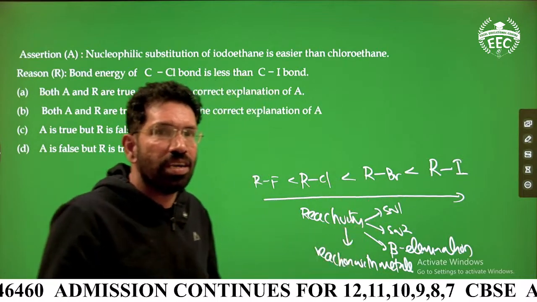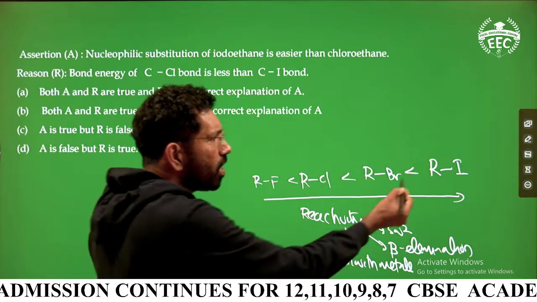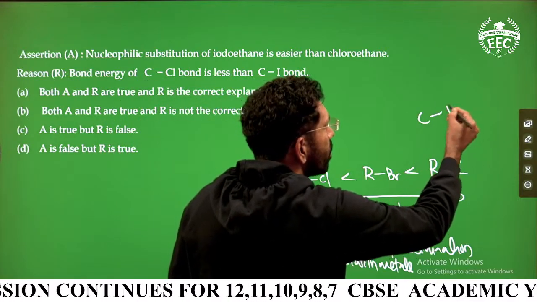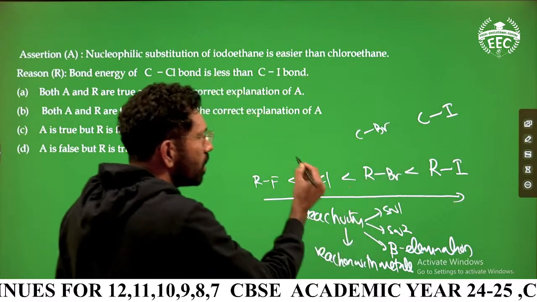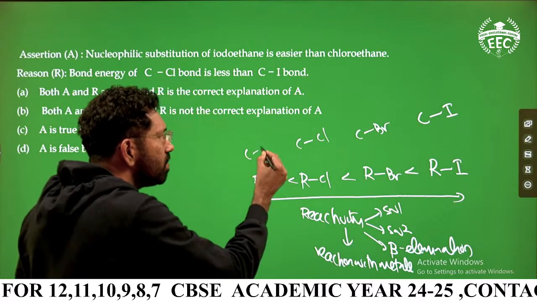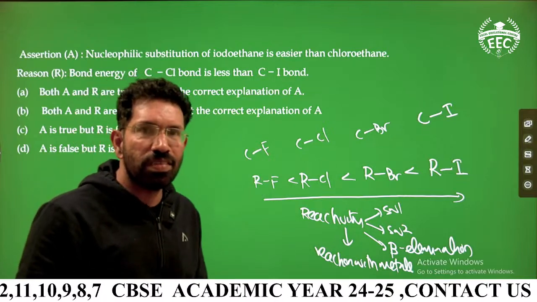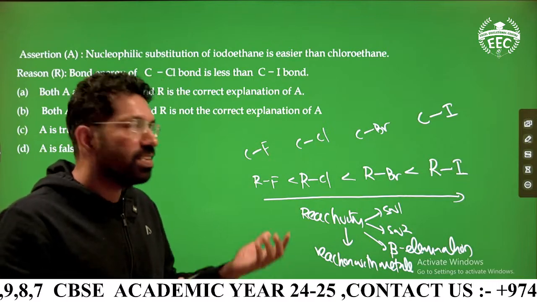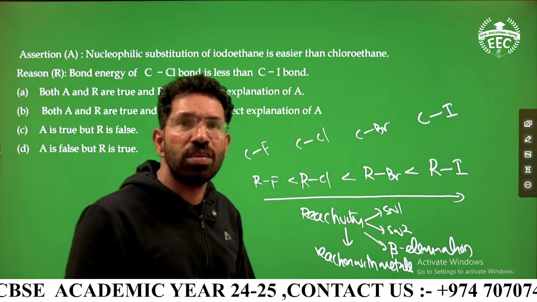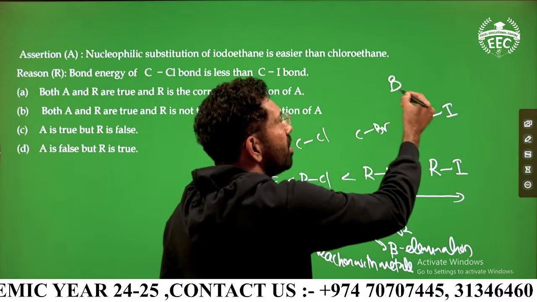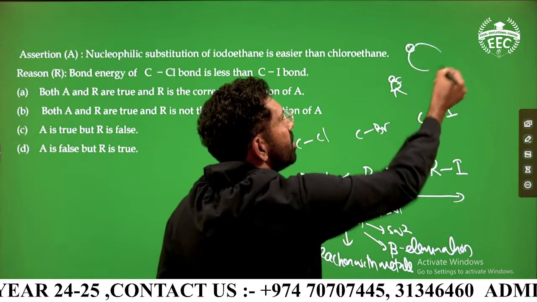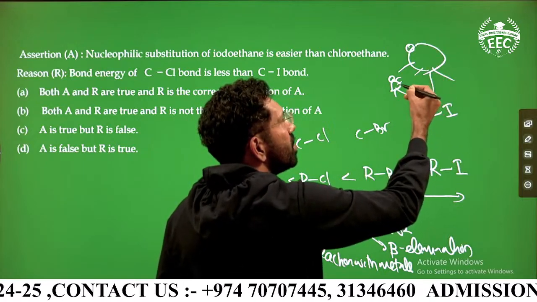What is the reason behind it? Here you can see the carbon-iodine bond, the carbon-bromine bond, the carbon-chlorine bond, and the carbon-fluorine bond. Which bond is weaker? The carbon-iodine bond is weaker. Why? Carbon is a small guy, iodine is gigantic, and making a bond between them is very hard.